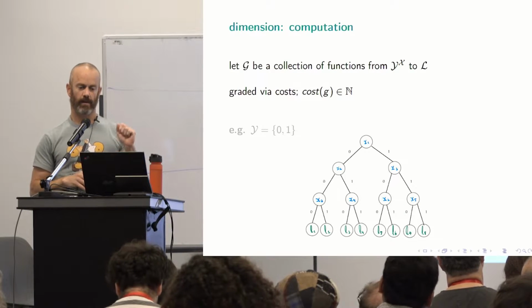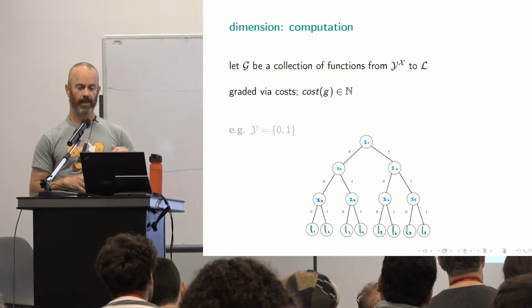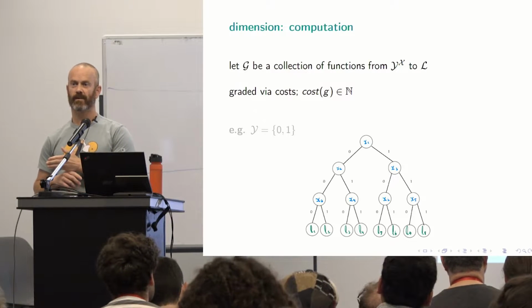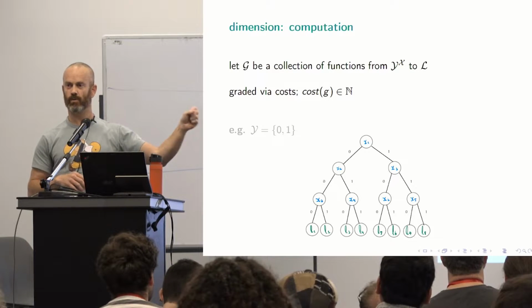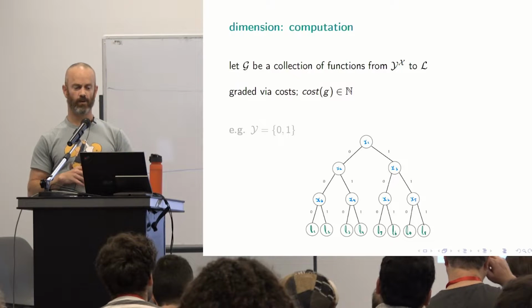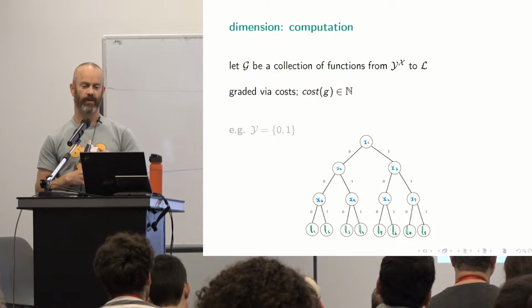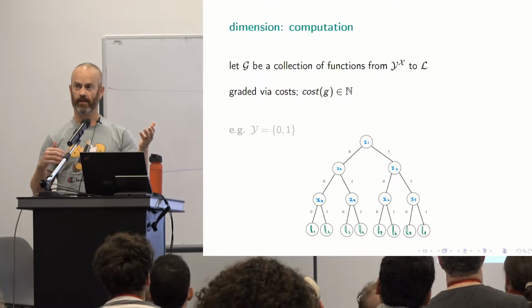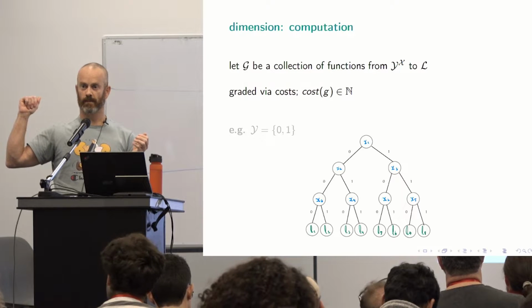And the vertices are labeled by elements of x. And all the leaves have a different name. So there is leaf number 1, leaf number 2, leaf number 3, leaf number 4. So this is a specific example for a collection of functions from 0, 1 to the x to, in this case, the numbers 1 to 8. Does it make sense?